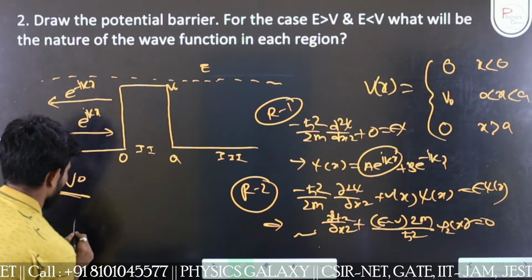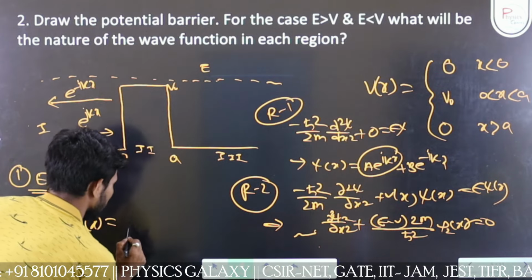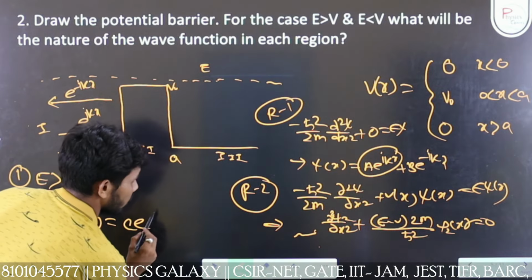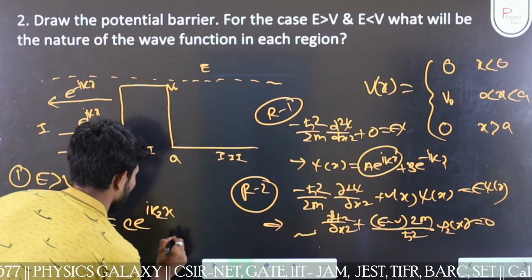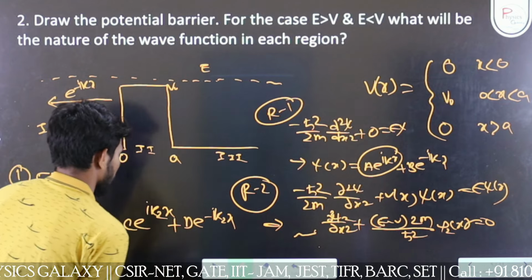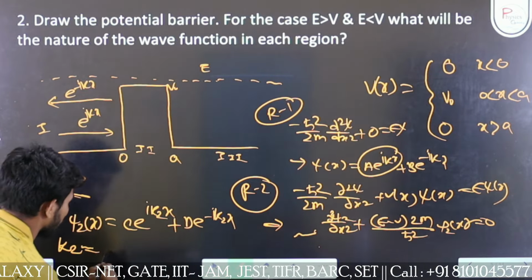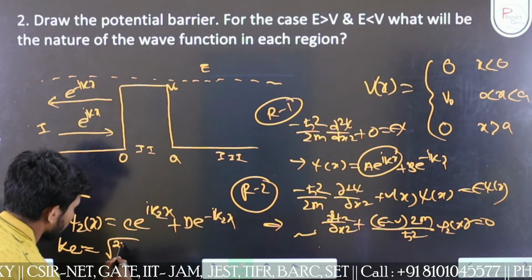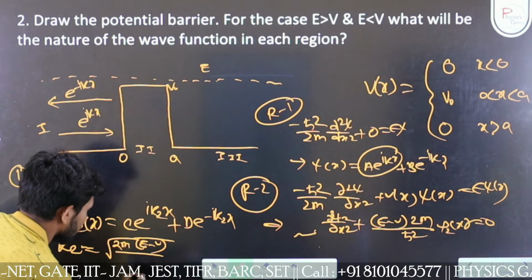So psi 2 will be C e to the power i k2 x plus D e to the power minus i k2 x, where k2 is the square root of 2m (E minus V) divided by h square.